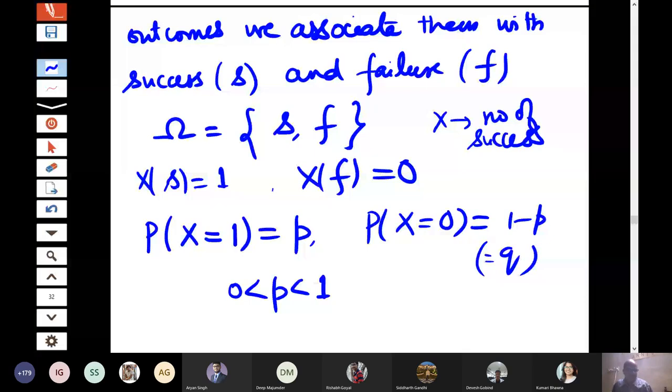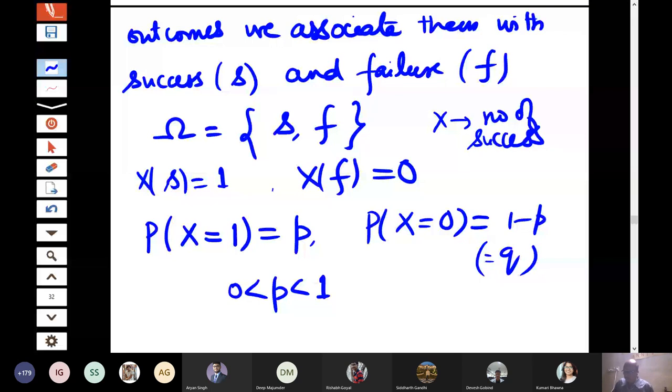That means the probability of success is p. So if we conduct the trials repeatedly, for example, a coin is tossed repeatedly and in each trial the probability of head is say 2 by 3, this kind of thing. Similarly anything else, like taking a medicine or playing a game, etc.